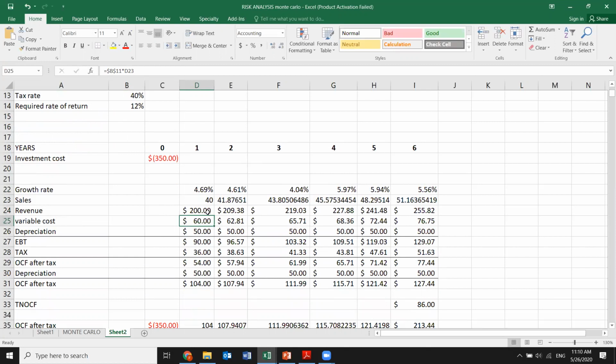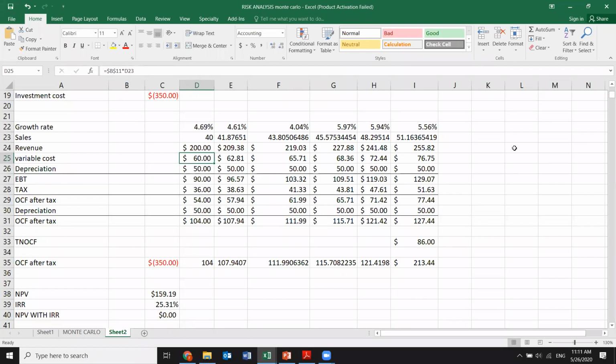Then we put the variable cost, the variable cost per unit times sales. We get 60, and so on. It changes every year. And the depreciation of 50 is fixed, and we derive the EBT, earnings before interest and tax, and we get tax, which is 40%. We derive the amount, and we proceed.